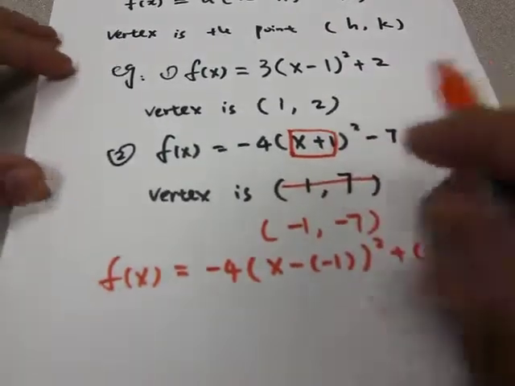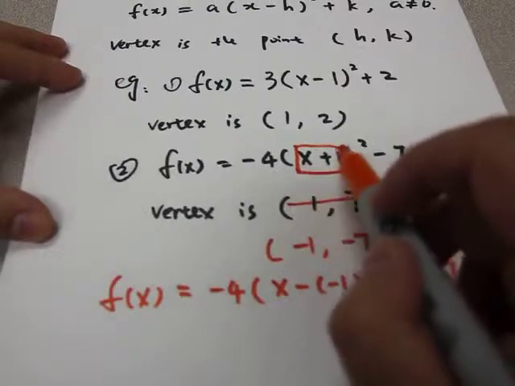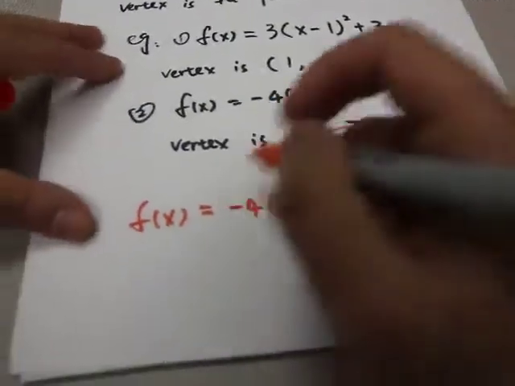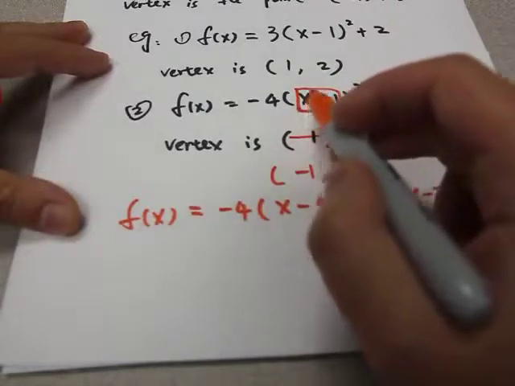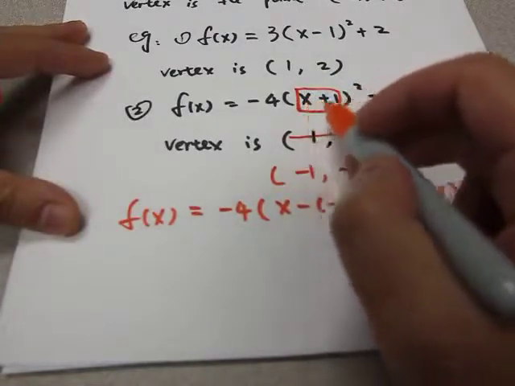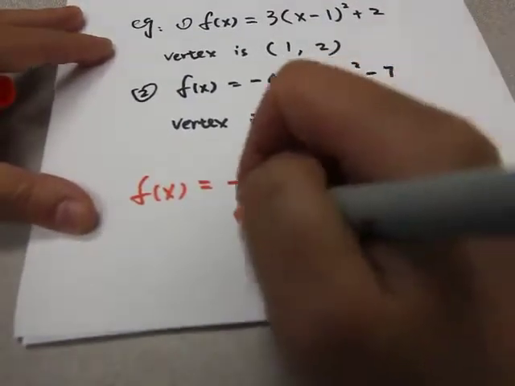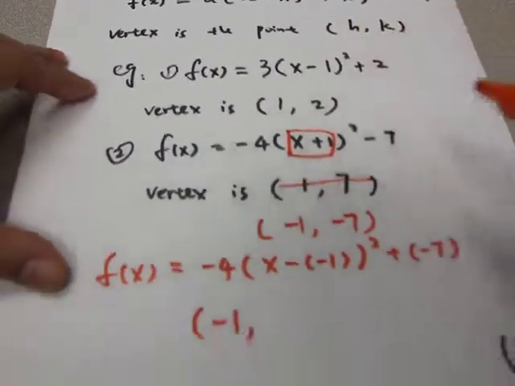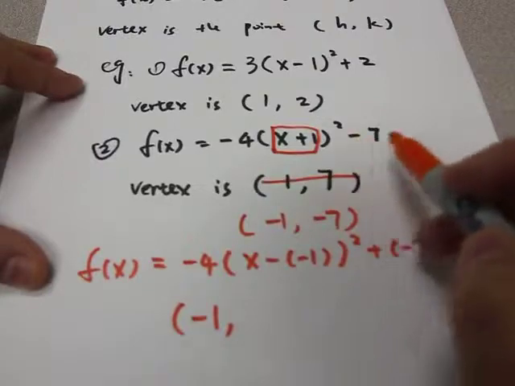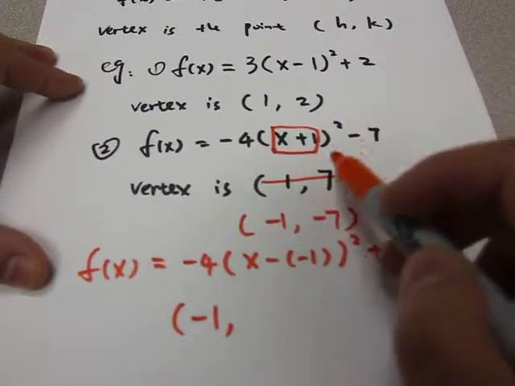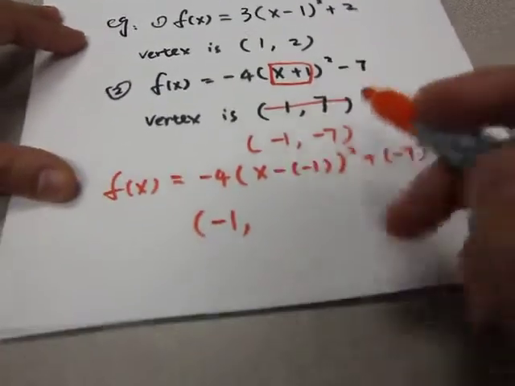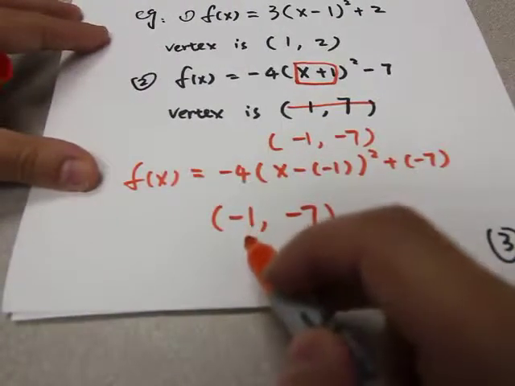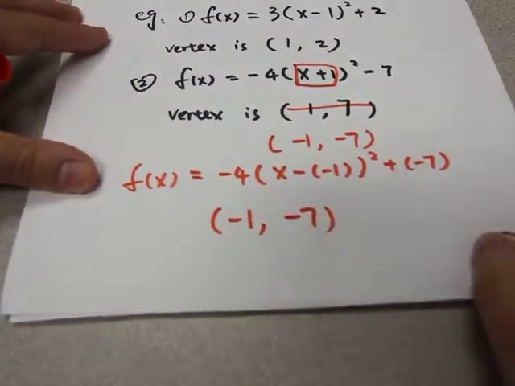In other words, which number will make this expression be 0? So when x equals -1, this expression will be 0. So that number -1 is the h, and the number after the square is the k. That's why here the vertex is (-1, -7).